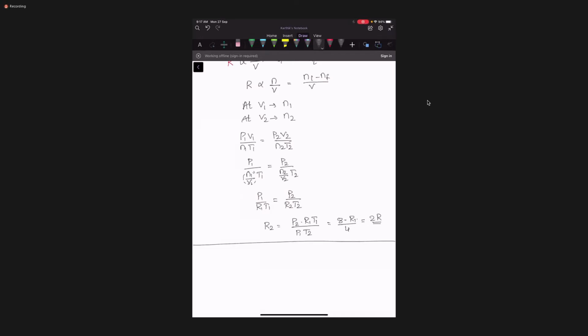Anything else? Next question. A piston can freely move inside a horizontal cylinder closed from both ends. Big question.